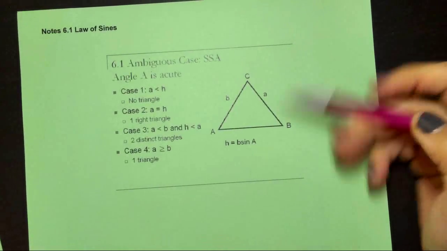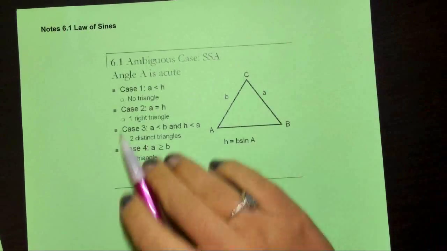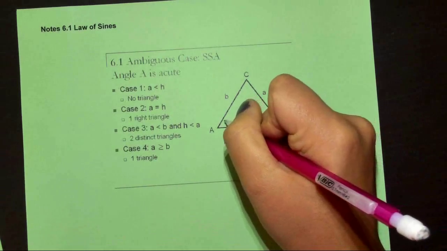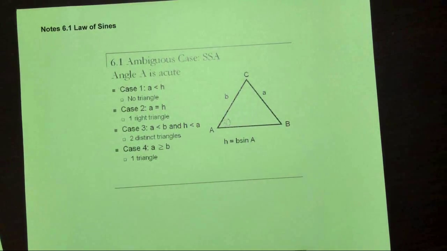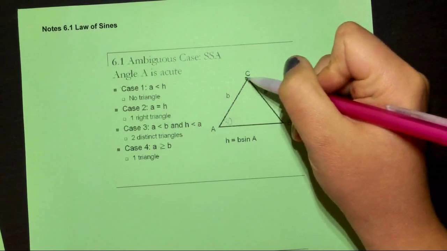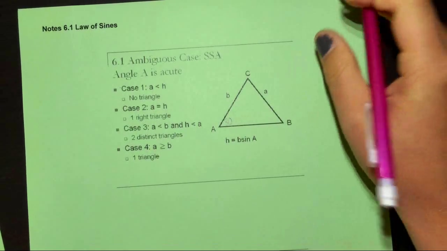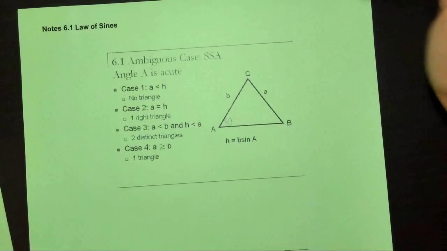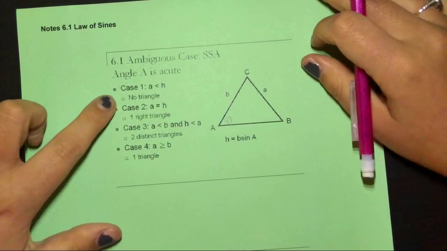So in this case, if angle A was acute, say something like 30 degrees because 30 is an acute angle, and we knew the value of A and we knew the value of that side B there, we would need to be double checking a few things in order to see which case we would be dealing with.